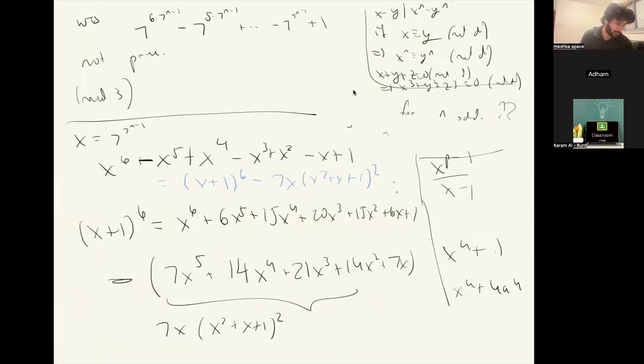This one here is a square. This is also a square because x is an odd power of 7. So it's a difference of squares, so it factors. You need to show one of the smaller factors isn't 1, but you can do that. Does it make sense? Yes.